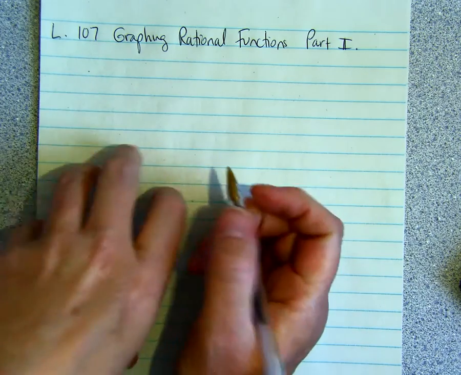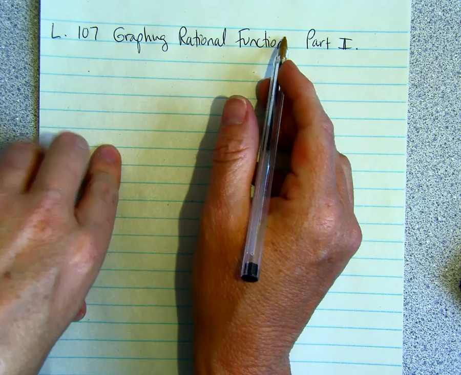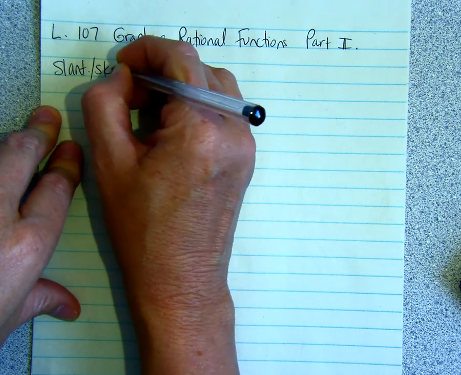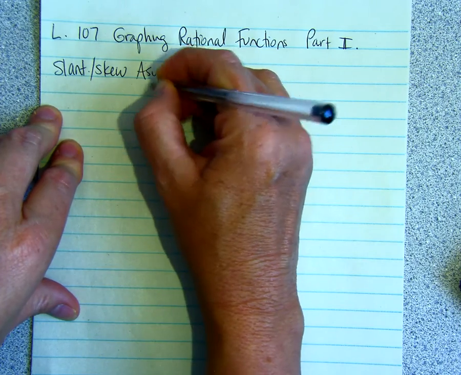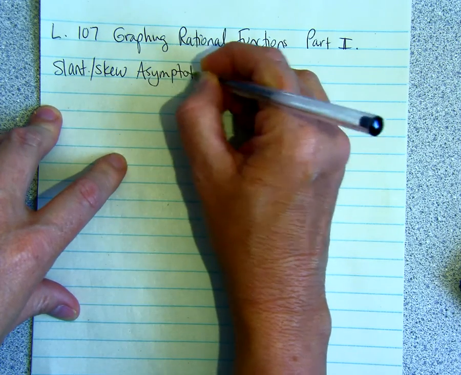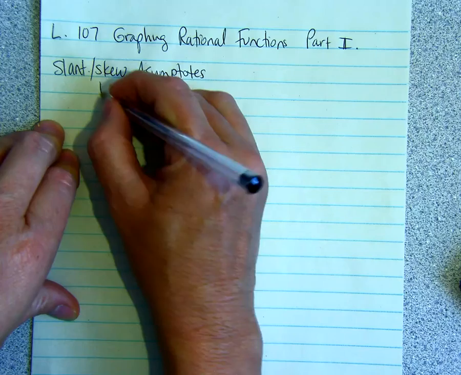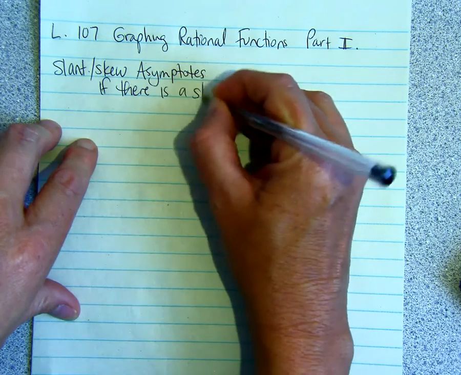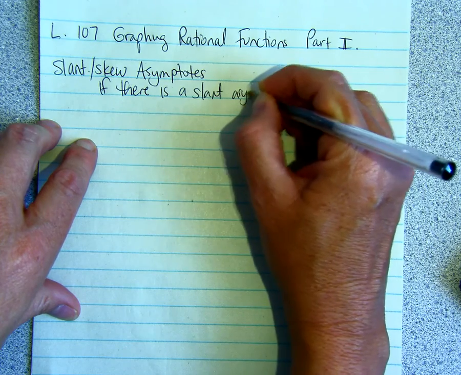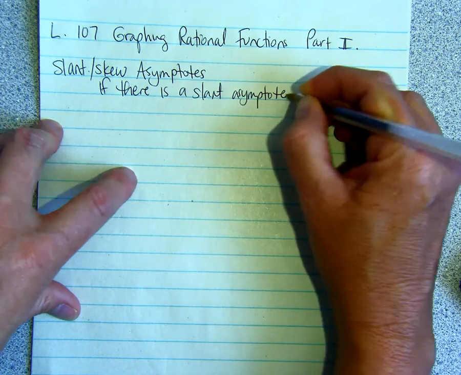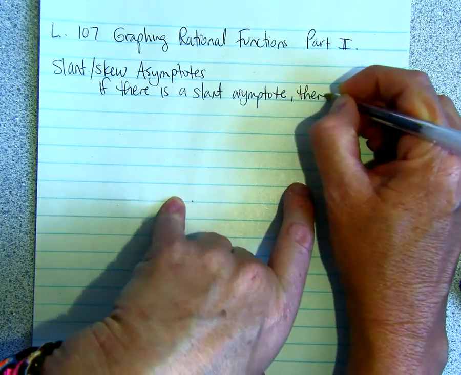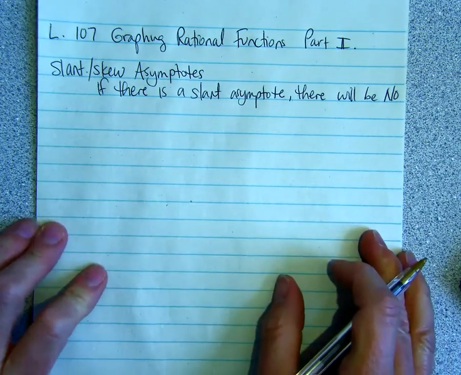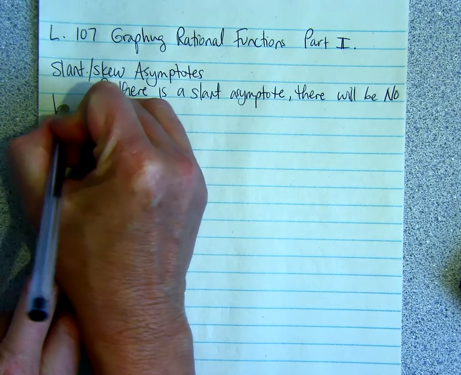So, when you're graphing rational functions, sometimes you have what's called slant or skew asymptotes. If there is a slant asymptote, there will be no horizontal asymptote.